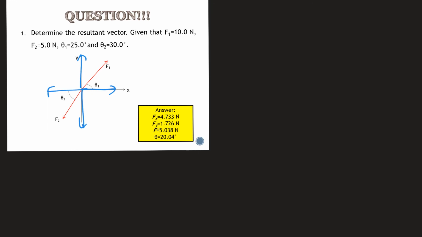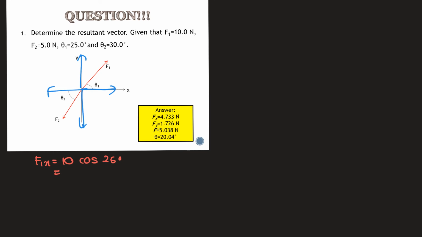Once you're done with that, you can start to resolve the components. For F1x, it will be 10 cos 25 degree.